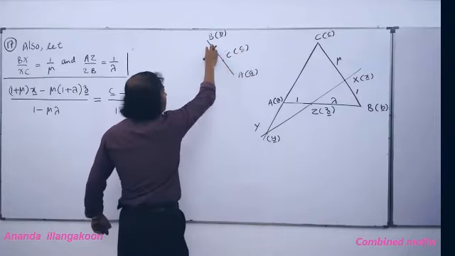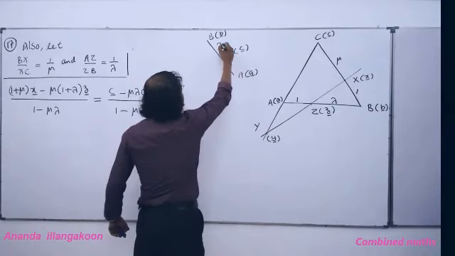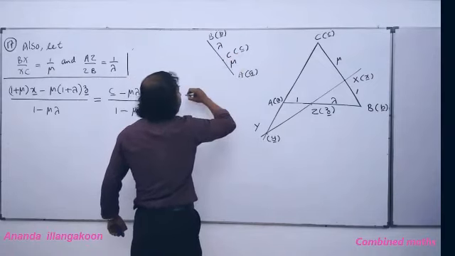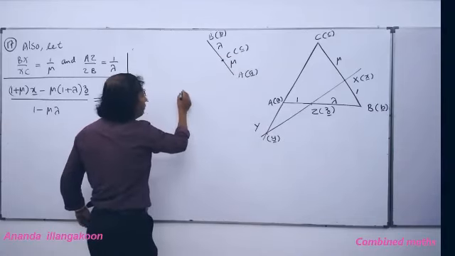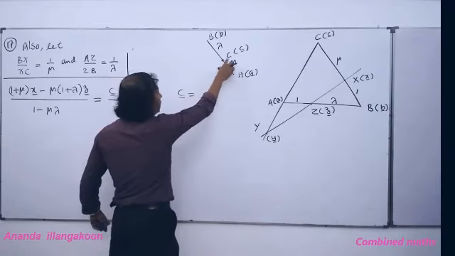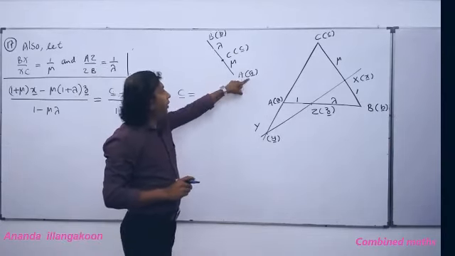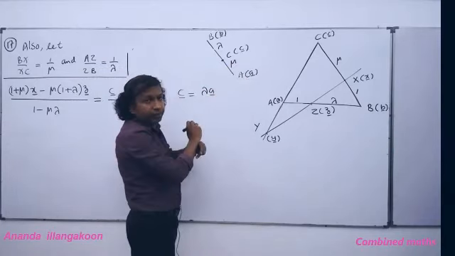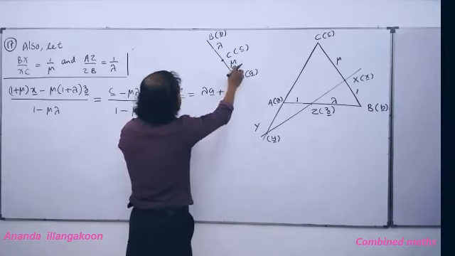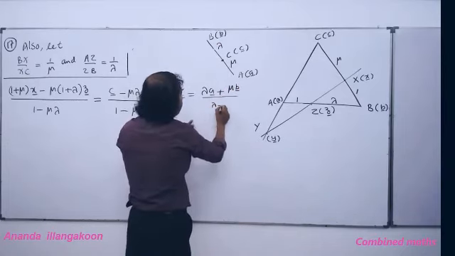Point C divides this AB line in the ratio lambda is to mu. Now, how to write by using the ratio theorem the position vector of the point C: lambda times A plus mu times B divided by lambda plus mu.